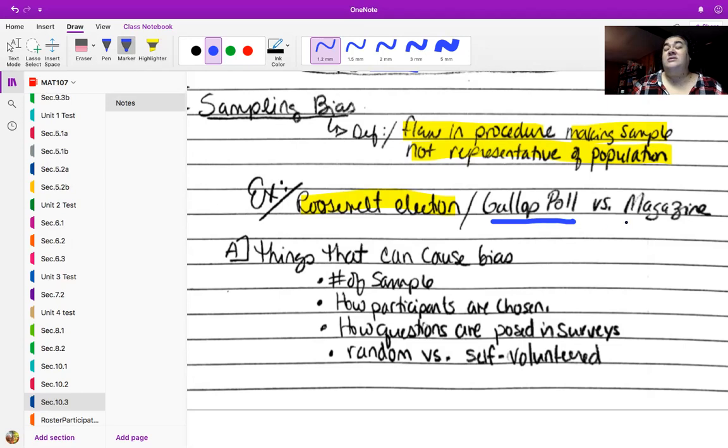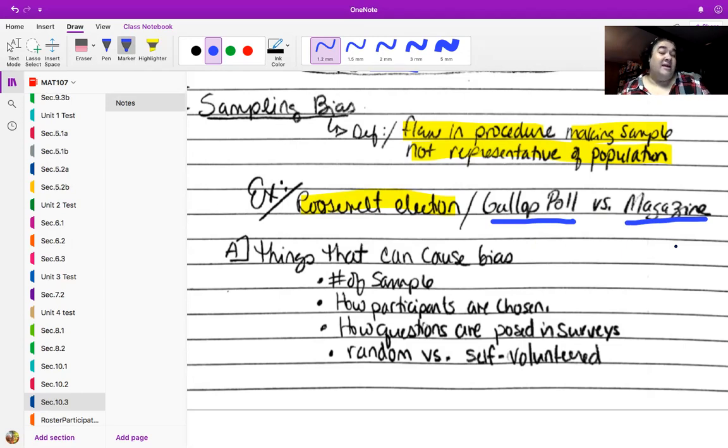He did this versus a magazine that at the time was very prestigious, well-known, and wealthy, and they were able to ask many more people than Mr. Gallup was able to ask. The magazine was able to ask thousands and thousands of people who they thought they would vote for in the Roosevelt election. Mr. Gallup asked a smaller number of people. He still asked several thousand, but his group was much smaller in comparison to the magazine's.